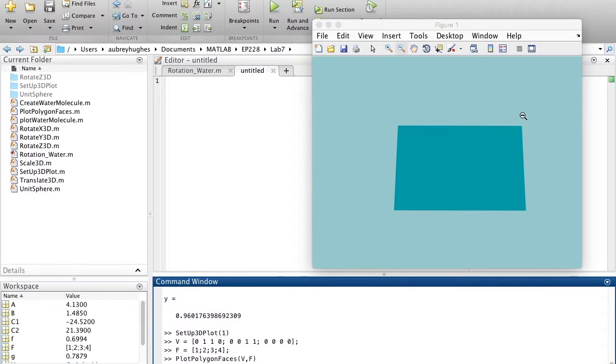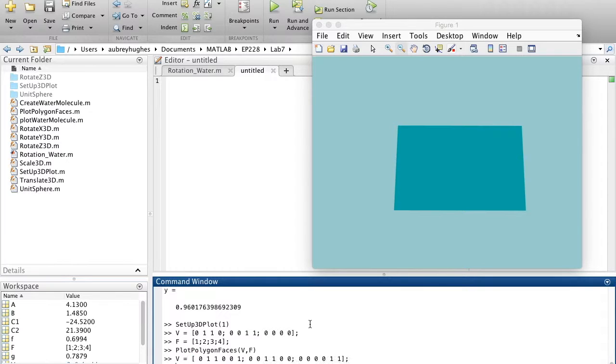So as your added columns, if this is 5 and this is 6, the x components are 0, 1. Then y: 0, 0, there are no new y components. And for our z components, we have 0, 0, 0, 0 as before, but now we have 1 and 1. For F we do 1, 2, 3, 4, 5, and 6.